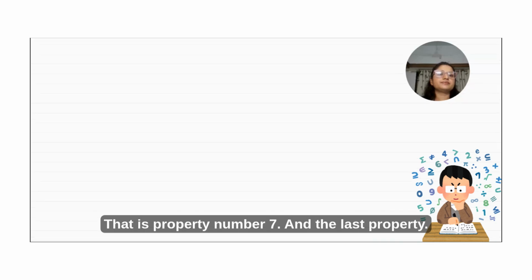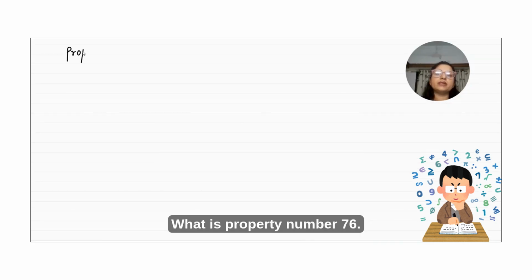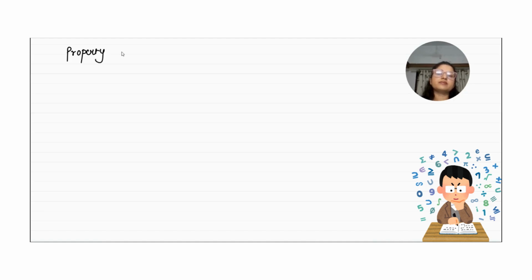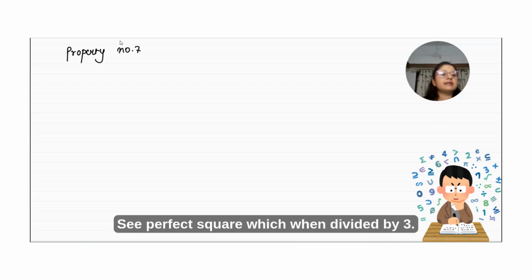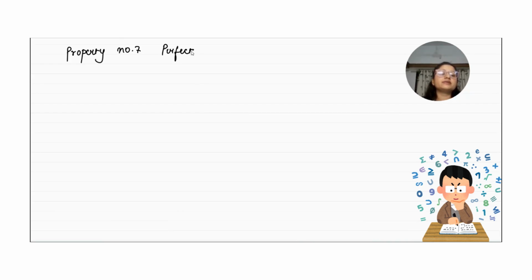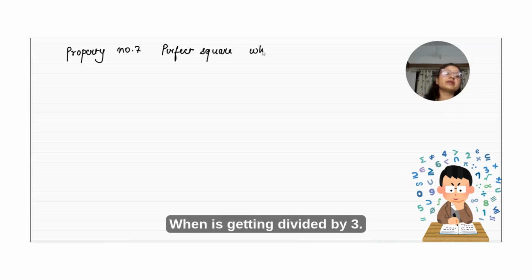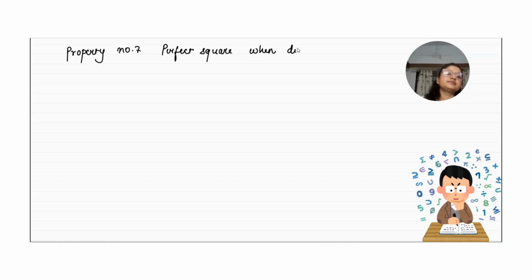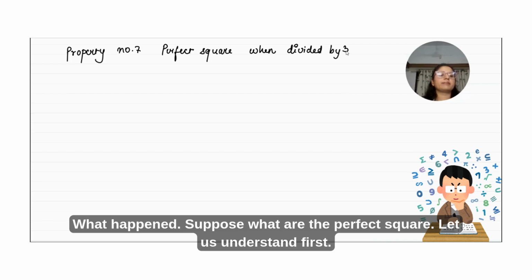That is property number 7 and the last property. What does property number 7 say? See, when a perfect square is divided by 3, what happens?